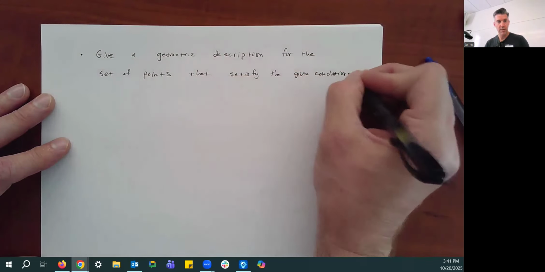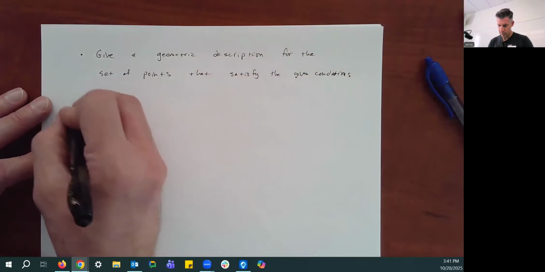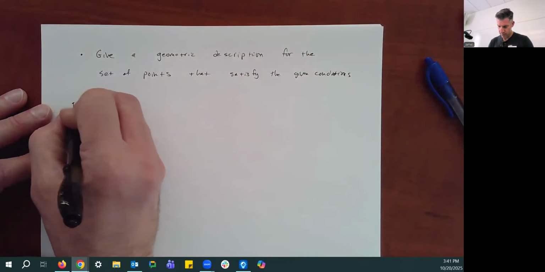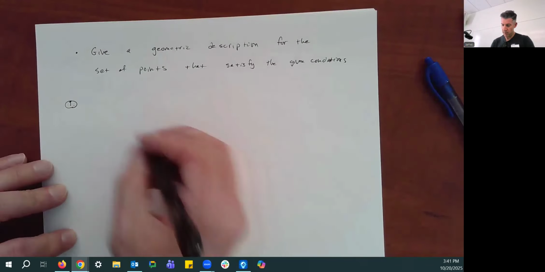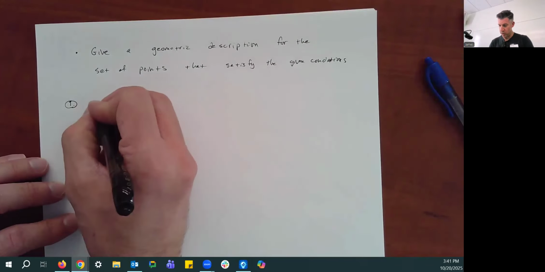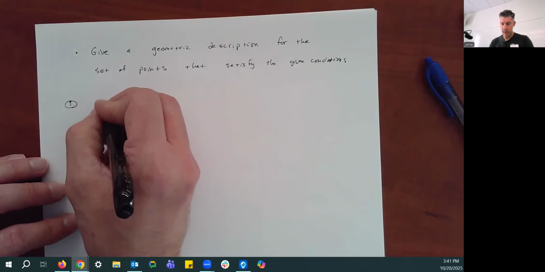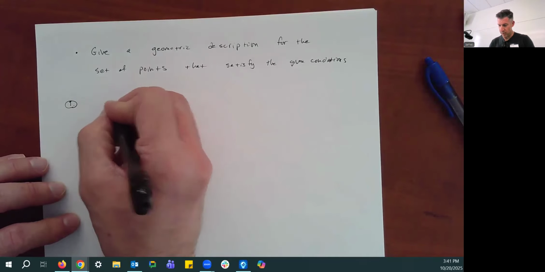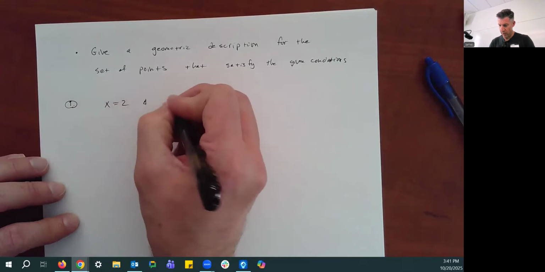For example, something like the conditions x equal to 2 and y equal to 3.